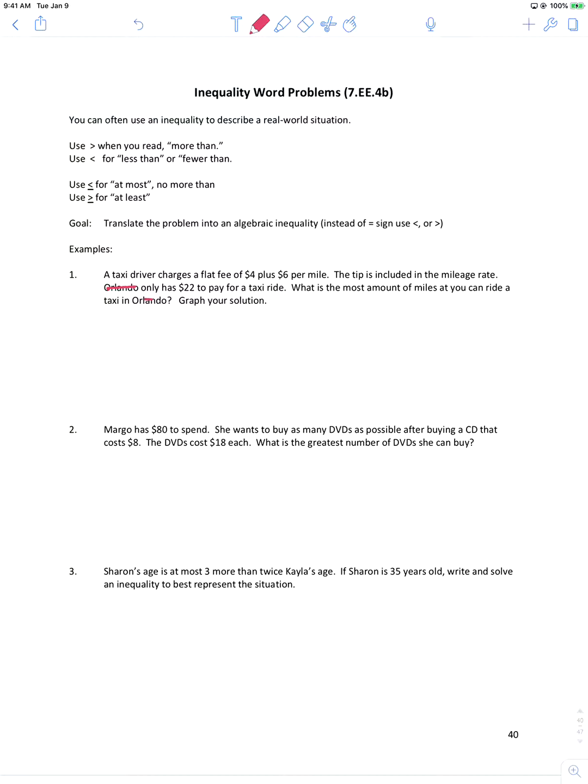Don't get caught up on Orlando. They want miles. Miles is going to be M. What number is going with my miles is right here, the 6. So 6M plus is pretty obviously translated to a plus sign plus your 4. My total is 22, but the key word is has.